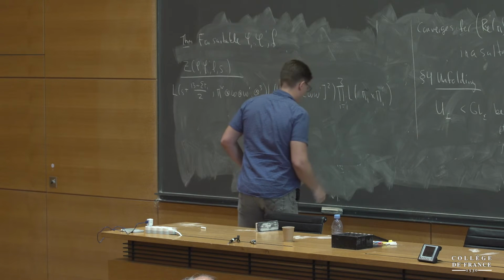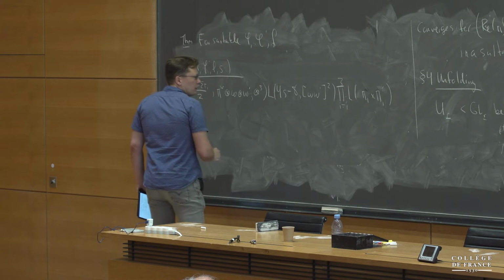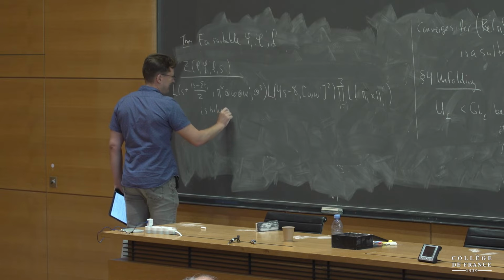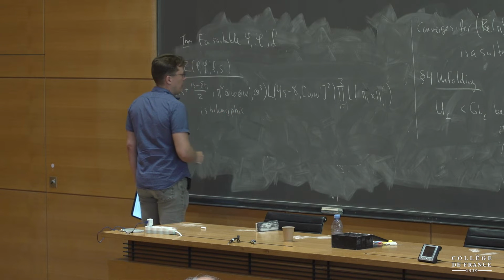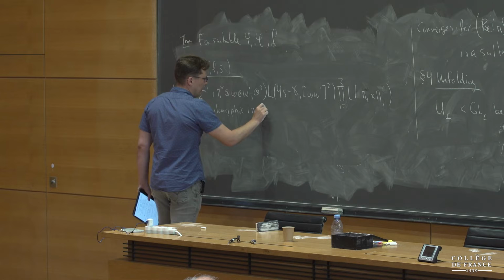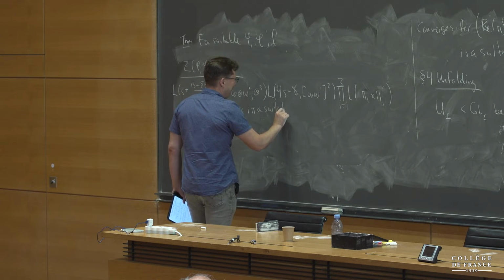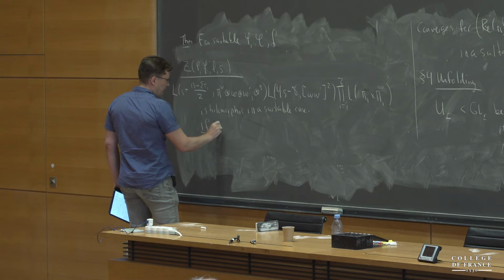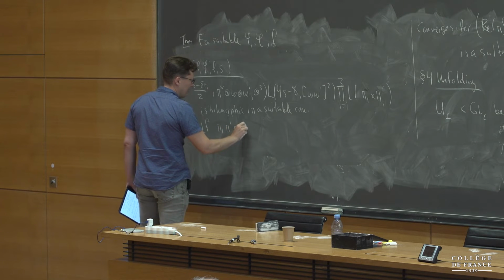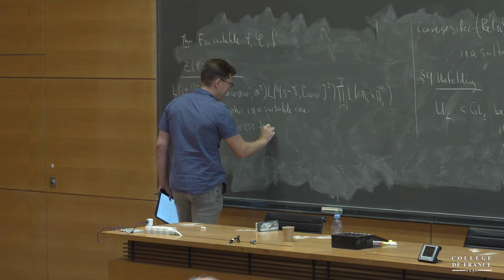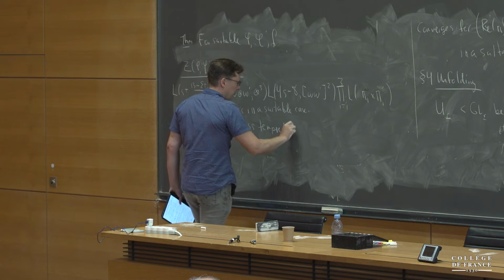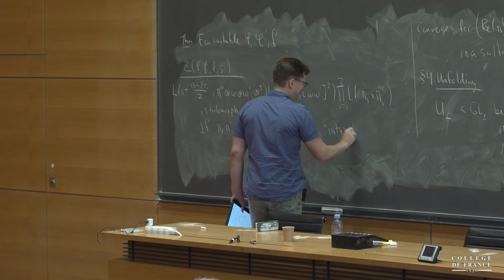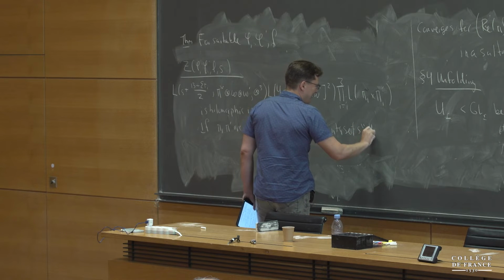Oh, this is a prime. So this is holomorphic in a suitable cone. And if pi and pi prime are essentially tempered, the cone intersects the critical strip.